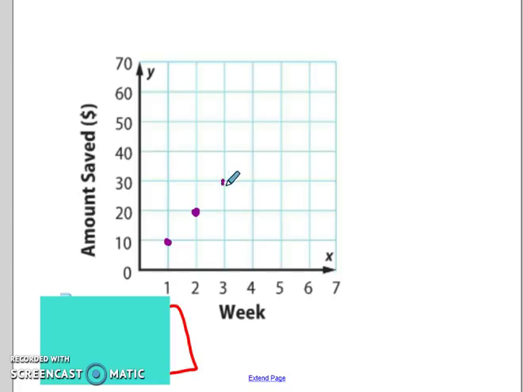Now at 0 weeks, how much money did Marcus have? $0. So we can also put a point there. And you connect the dots to make a line.